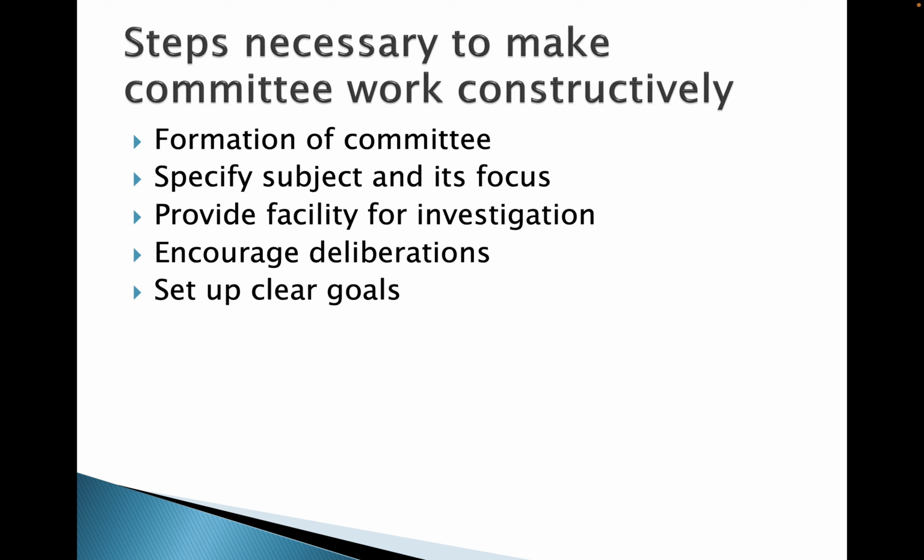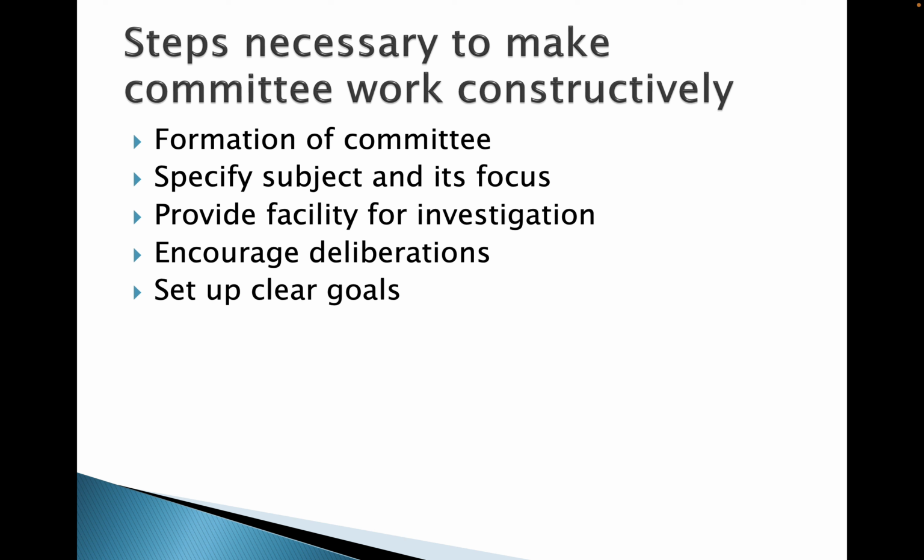There are obviously some steps that are necessary to make committee work constructively. Obviously, first of all, you're going to need the formation of a committee. So let me give you an example in IT, right? As you know, in information technology, everything that has to be done by an organization, a document plan is required.